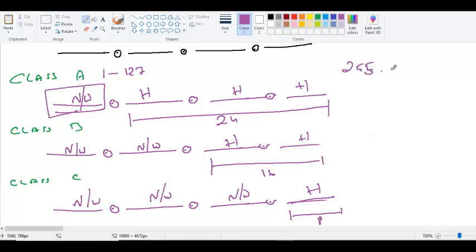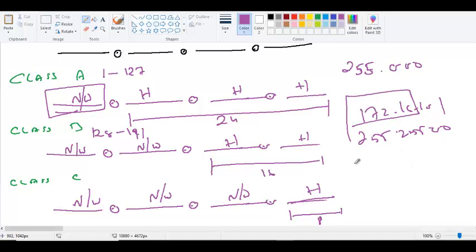For Class B, two 8 bits are given, 8 plus 8. So it is 255.255.0.0. So when I see an address 172.16.10.1, I'll very clearly know that this is the network portion and this is the host portion. 172.16th network, and in that network, this is the 10.1th computer.